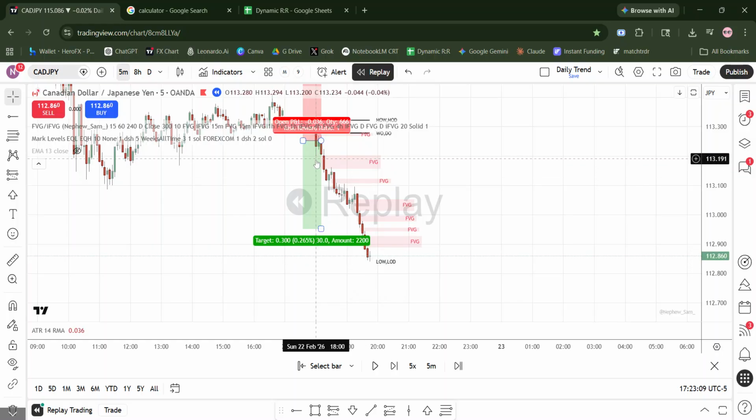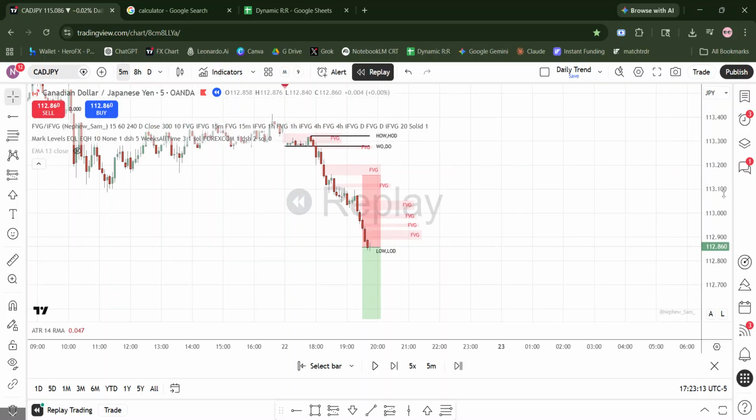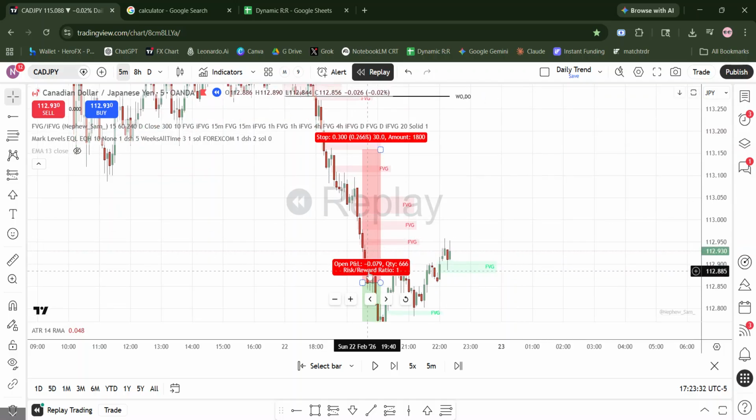So we have a gap right here. Let's try that one. Okay, so this one I'm going to count as a loss because it took out the gap that I entered on.